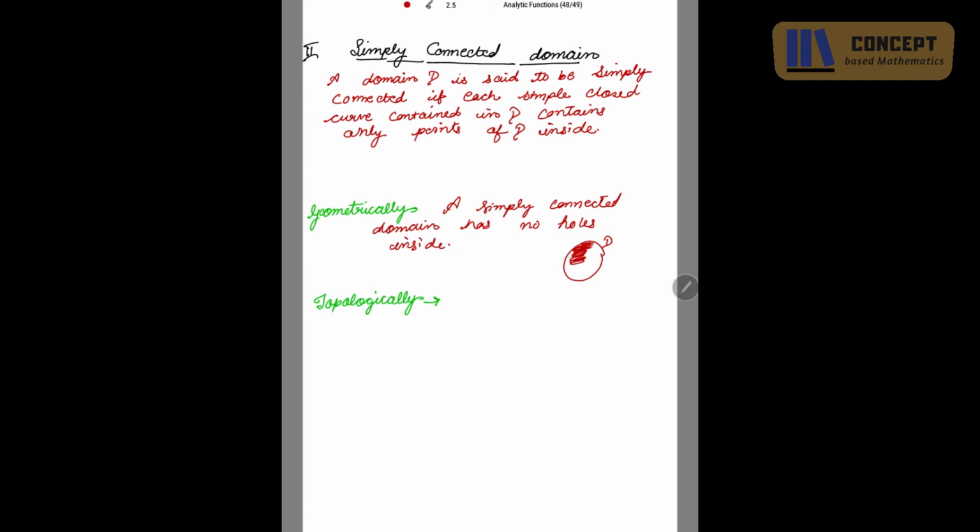The simple closed curve should cover all the points inside of D. This whole portion should be colored. There is no hole in between this portion. So this is your simply connected domain, which contains all these points of D. If there is a hole, suppose this, then it is not simply connected, because it is excluding these points where there is a gap in between this domain.